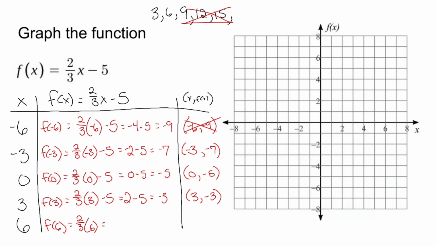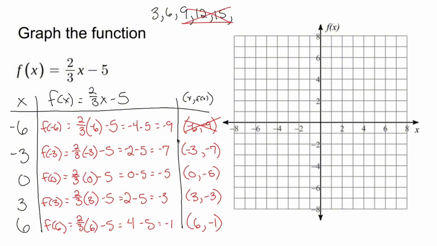Oh, minus 5. Oh boy. After all that work, having to make a mistake there would have been a bad idea. Minus 5. 2/3 of 6 is 4. 4 minus 5 is -1. And that gives me the point 6, -1. So now I have 4 points that I can graph.